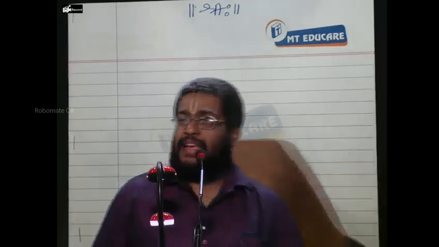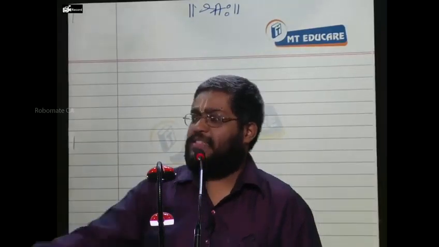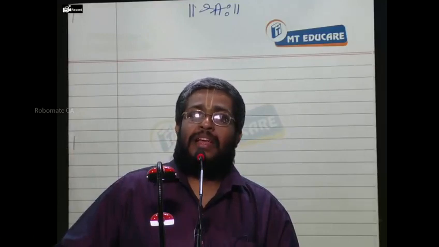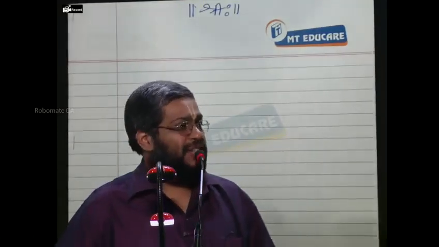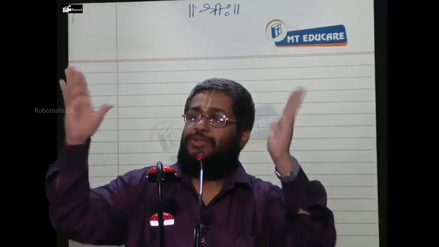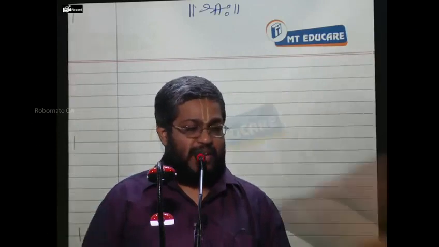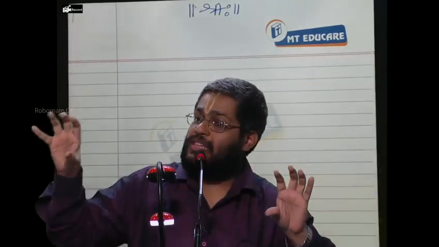Everybody yes or no? In case of treasury shares, the liability side issued capital will not get cancelled. It remains the same. Instead of cash, it will have the investment in treasury shares in the balance sheet. Everybody are you following? So if you see the company's issued capital, there are two parts: one is treasury shares, another is outstanding shares.